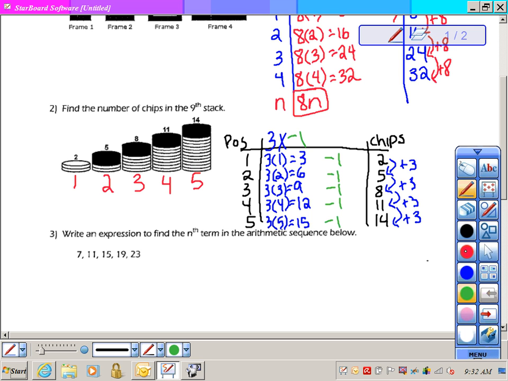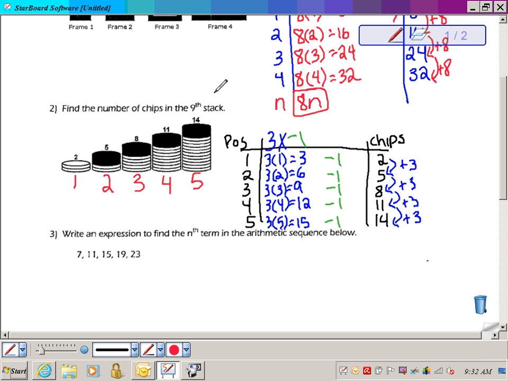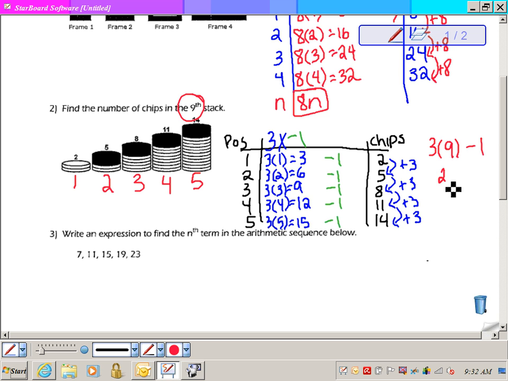So when I'm trying to figure out the 9th term, what would I do here? 3 times 9 minus 1. 3 times 9 is 27. Minus 1 is 26. So for the 9th term, without having to draw anything, we know that 9th stack is going to have 26 coins.